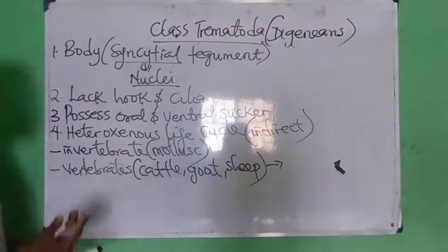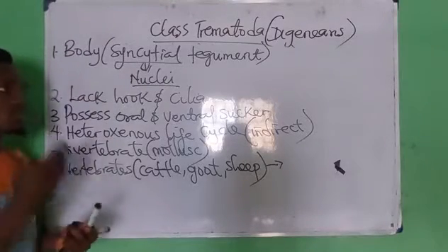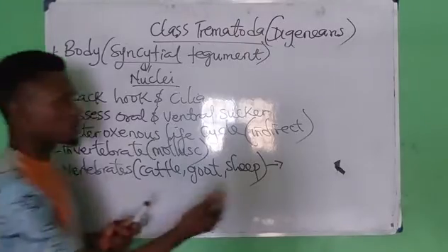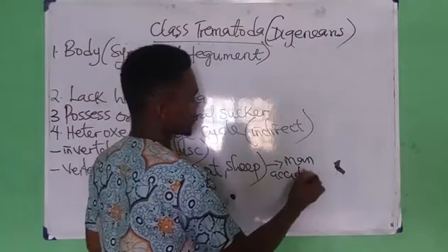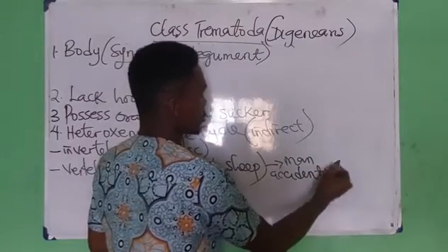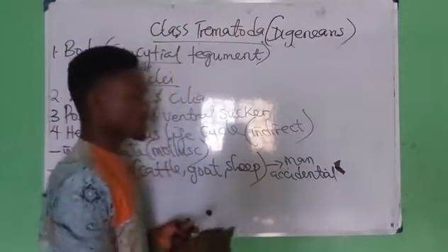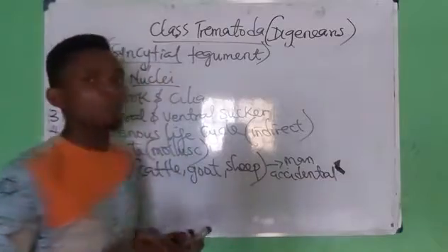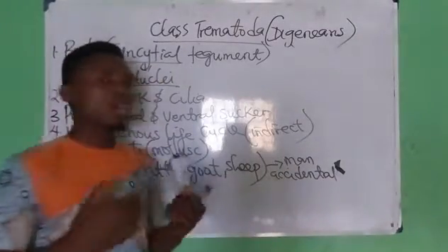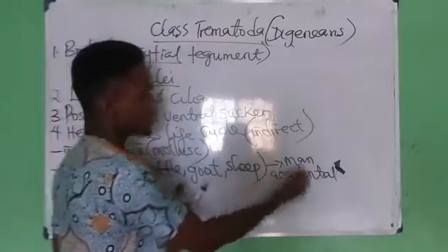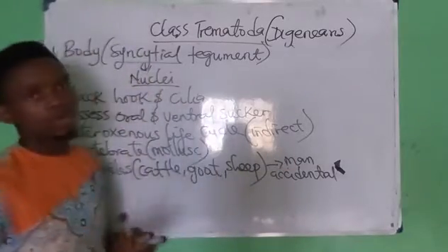Sometimes man can act as what? Accidental host. You get to understand as the class progresses how man happens to fall victim or how man becomes an accidental host for these worms.